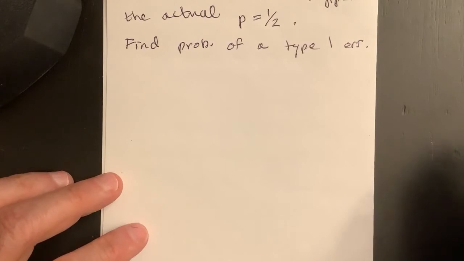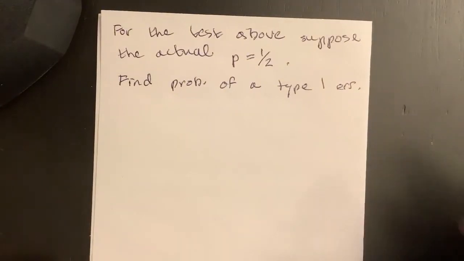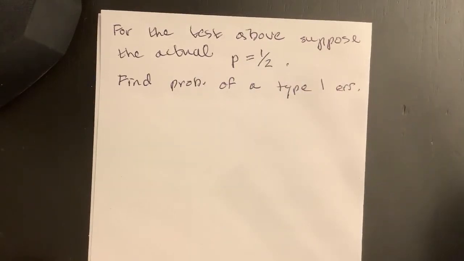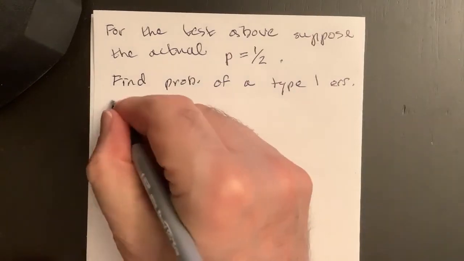Okay, so this is just an example. Now, we never know this really, right? So this is a little bit fabricated. We're just going to see what the probability of a type 1 error would be. Well, solution.